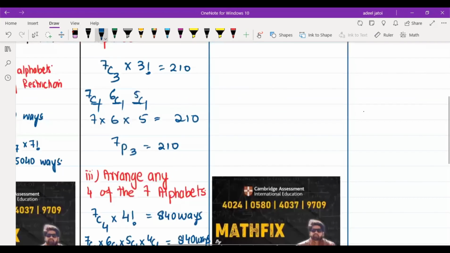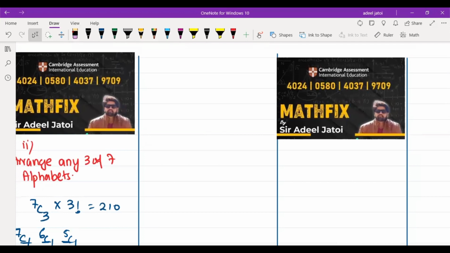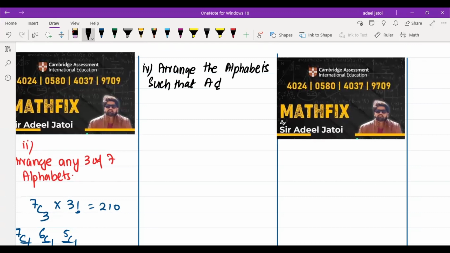Now, moving to the fourth one. Let's say arrange the alphabets. We already know that we had 7 alphabets, such that A and B are always together.